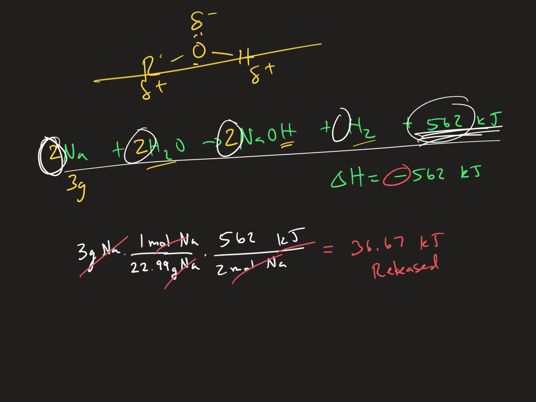So when it's negative, it's released? Yes, exothermic. Then it's absorbed, and then we put this on this side if it's positive value. Does that make sense? But it really doesn't matter either way. It's still going to be 562 in our conversion, right? Does that help?